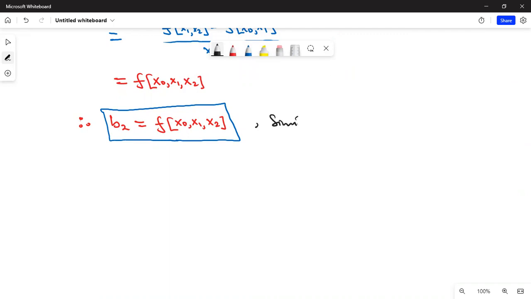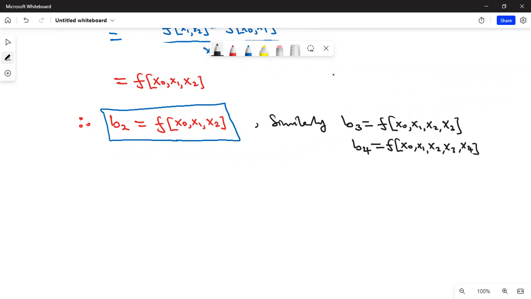Similarly, your B3 will be equal to f of x naught, x1, x2, x3. Your B4 will be equal to f of x naught, x1, x2, x3, x4 in that order. So we proceed in that order, etc.